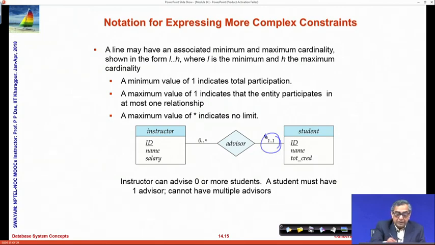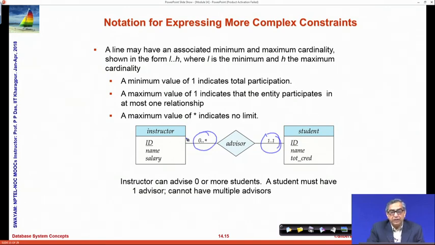Whereas, on this side, it says 0..*, where star stands for no limit, it can be any number. So, the minimum is 0, which means that an instructor may not have a student, and star says that the instructor can have any number of students, naturally 0, 1, 2, 3, 4, 200.